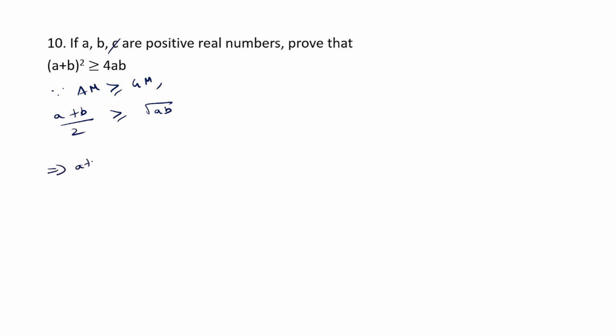So from this we get a plus b greater than or equal to 2 root ab. Let us square both sides. So we will get a plus b the whole square greater than or equal to 4ab. So this is what we have to prove, and we have proved.